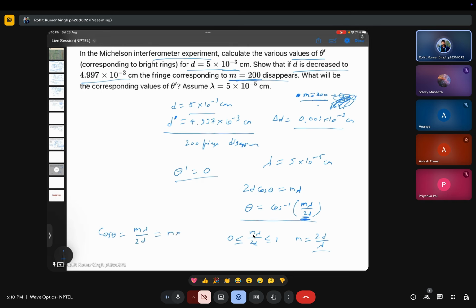Better you can calculate lambda by 2d: 5 into 10 to the power minus 5 divided by 2 into 5 into 10 to the minus 3, it will be 0.005.